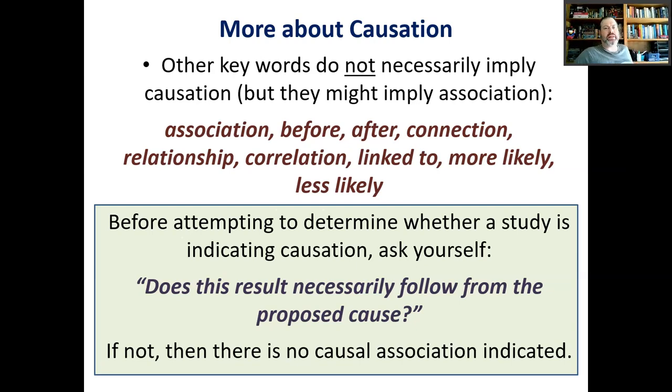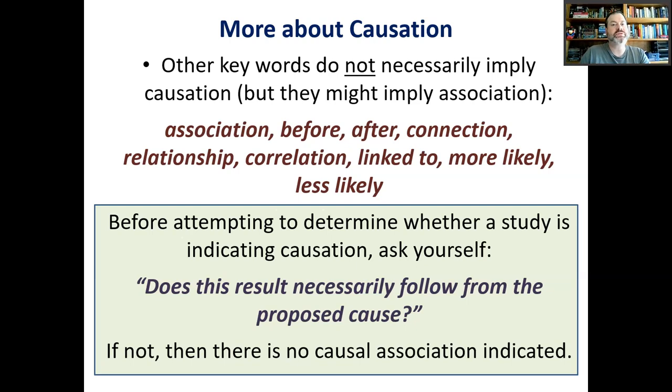So you might see something like, well, we saw one in an earlier PowerPoint, and we're going to see it again here in a little bit: that 20-year study of smoking females in the UK, where it turned out there was an association between smoking and dying before the 20-year period ended.